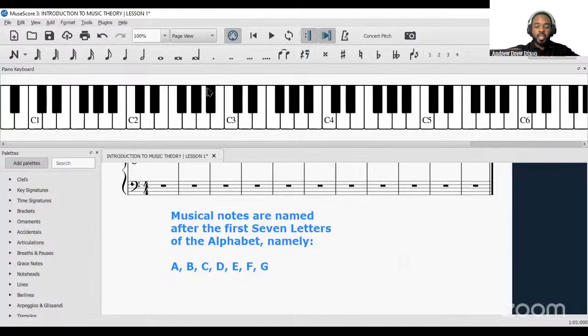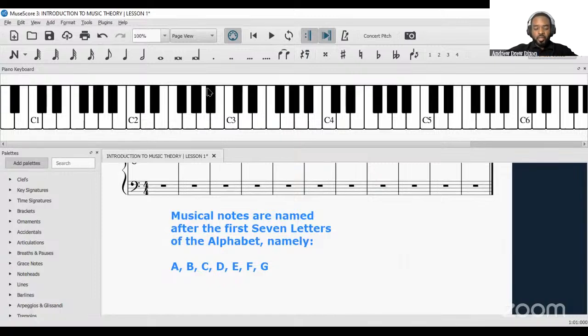So on the piano we have A, B, C, D, E, F, and G. Now, can you guess what's going to happen next? If I continue going, what would be the name of this key? Put your answer in the comments. Let me pause.